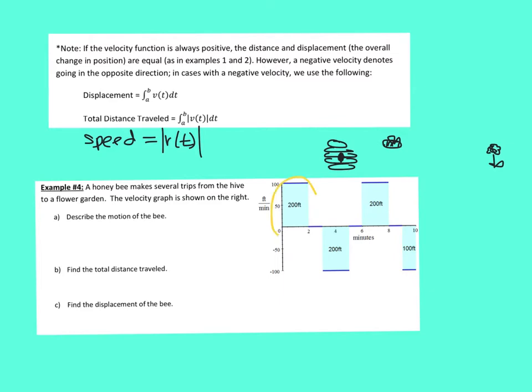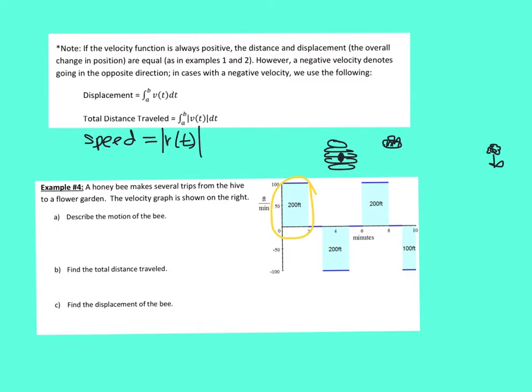I want to look at it in 1 to 2 minute increments. So let's look at the first 2 minutes first. In the first 2 minutes, you might notice that the velocity is a constant rate of 100 feet per minute. This is a really helpful graph because not only can you see that, but you can also see that the area underneath that 100 feet per minute line is 200 feet.